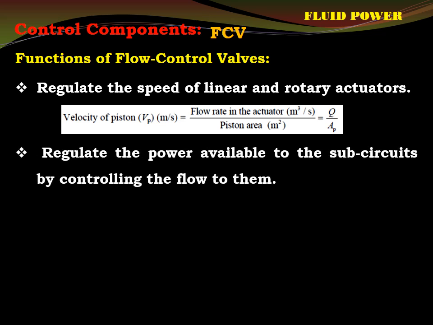Then it can regulate the power available to the sub-circuits by controlling flow to them.